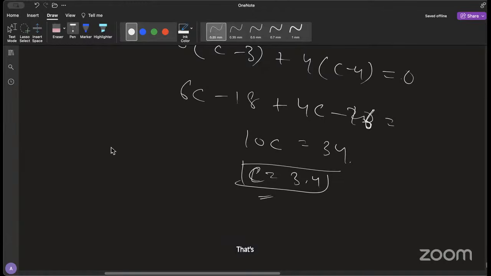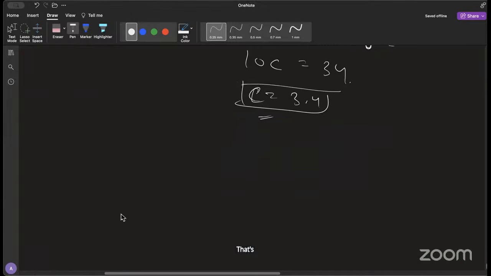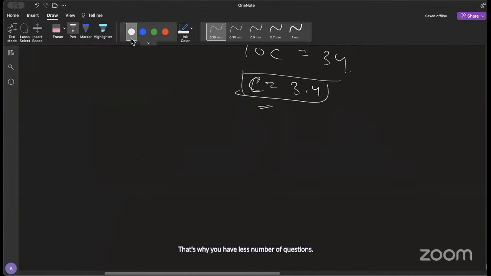That's why there are more questions there. In maths, each question needs time to get solved, right? That's why you have fewer questions. In statistics, math and CT, there are a minimum of 11 to 15 questions, and only English has 40 to 50 questions. Okay.